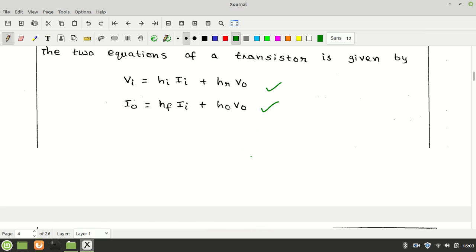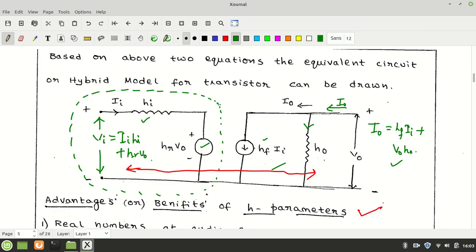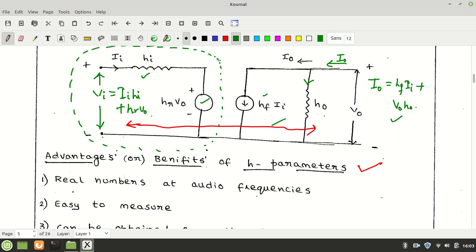So those two equations are implemented in the same circuit with a common ground. It is the ground point, that is zero potential, and this model is called the hybrid model. Why hybrid? Because those coefficients Hi, Hr, Hf, H0 do not have the same dimensions.